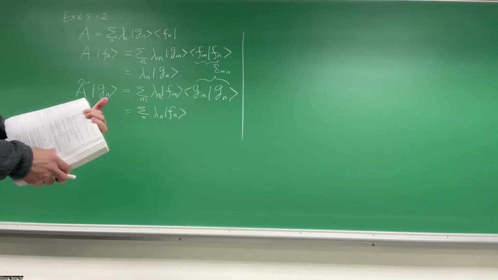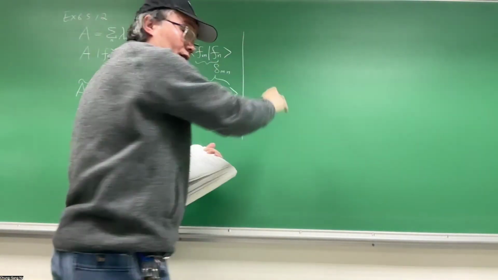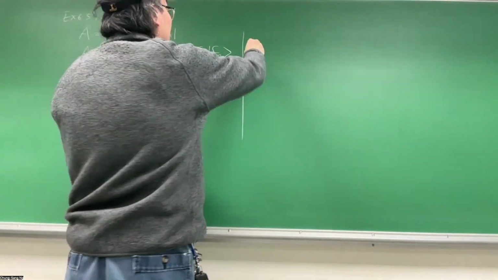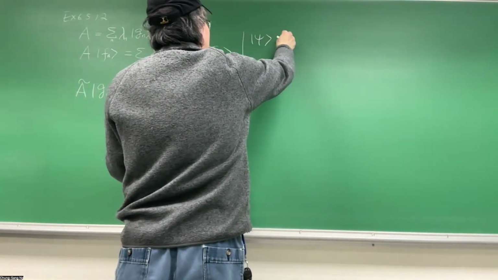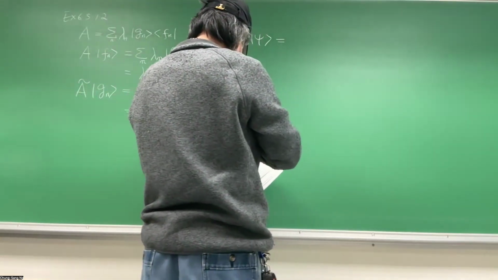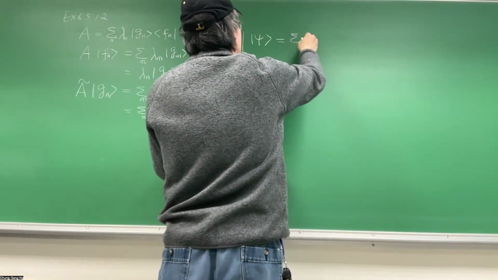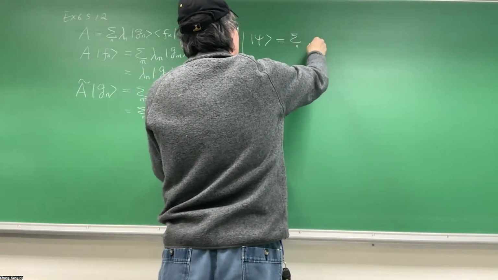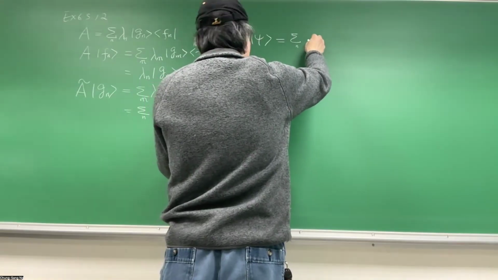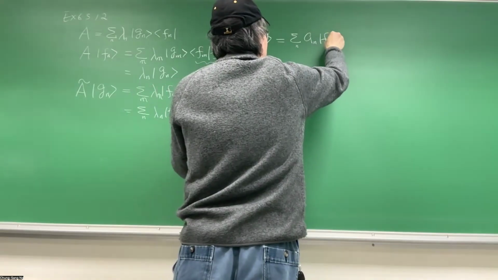The operator is like this: an arbitrary state psi is given by a combination of F n, the sum over n of A sub n F sub n.